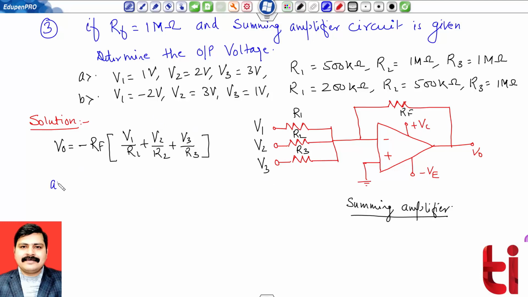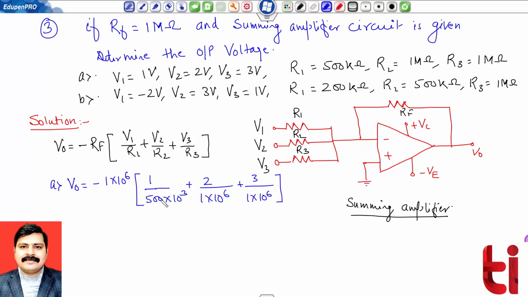directly put the value V naught equals minus 1 into 10 raised to power 6, because resistance is given in mega ohms. V1 is 1, so it is 1 divided by R1, which is 500 kilo ohm, so 500 into 10 raised to power 3, plus 2 divided by 1 into 10 raised to power 6, plus 3 divided by 1 into 10 raised to power 6.